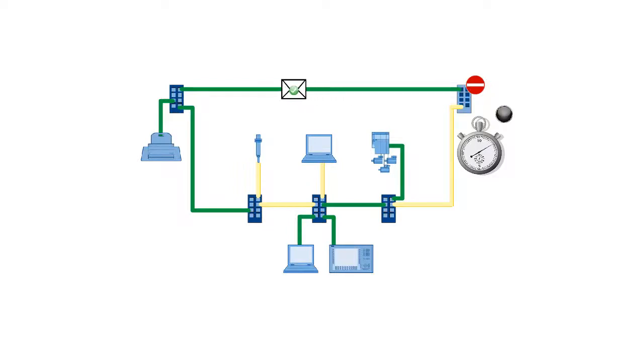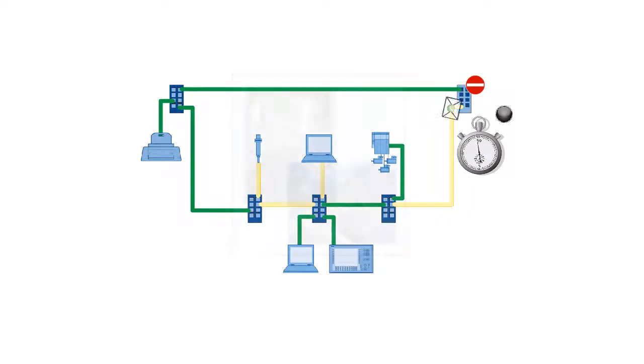These multicast telegrams are forwarded by the other switches until they reach the passive ring port of the redundancy manager on the other side. This way, the redundancy manager can monitor the fault-free functioning of the ring. A fault in the ring can occur in various forms.